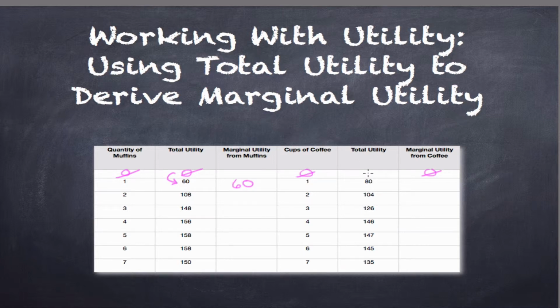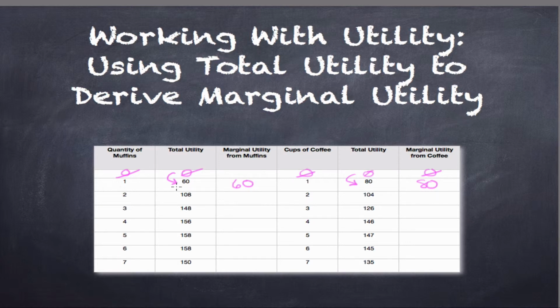In the same token here, the total utility that Danny would have gotten from a cup of coffee would have been 0 if he had none, but the first one delivers 80 utils. And that means there's an additional 80 of satisfaction that comes from that first cup of coffee. We also can make the assessment here that Danny, relatively speaking, perceives coffee, at least the first cup, as being more satisfying than the first muffin. And so we can look at utils not only within the product category, but across products as well.